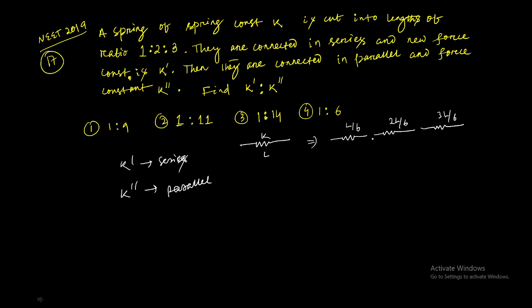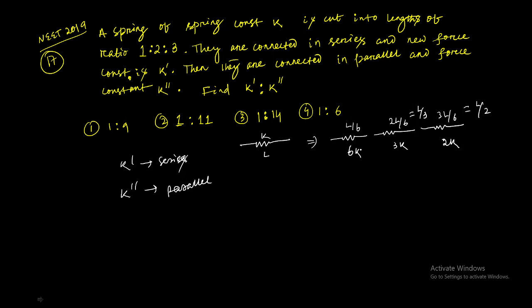You know that for a spring, the spring constant is inversely proportional to the length. So the spring constant will be 6K, this will be 3K, this will be 2K. Because this is equal to how much? L by 2. This is equal to how much? L by 3. So this should be your spring constant now.